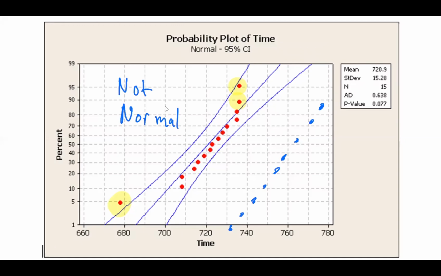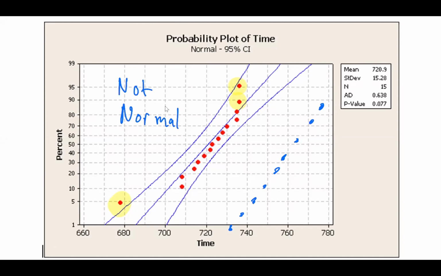So that's how we're going to use the normality plot or the probability plot. If it looks like a linear line, we're going to say our data set is normal. If the data set is normal, it should look like a linear line.